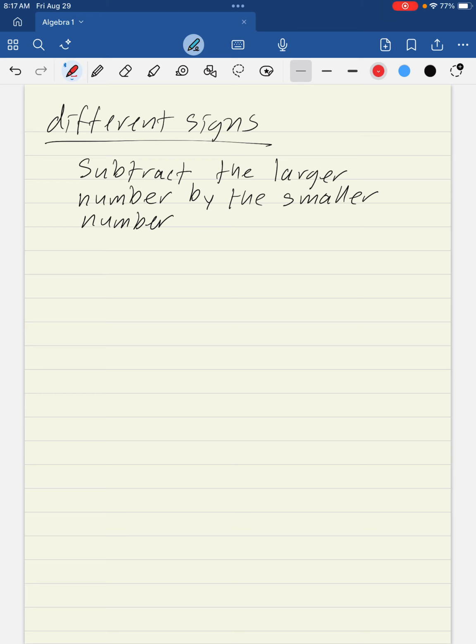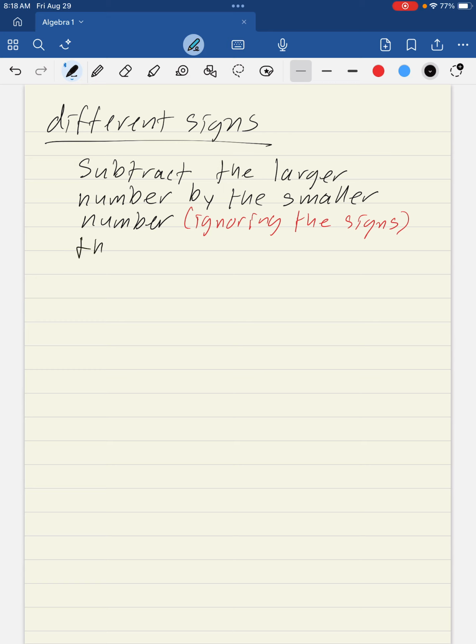Here, I need you to note I'm ignoring the signs. I'm just looking at the number. If you want to be precise, it'd be the number with the bigger absolute value. But if you just think of it, oh, I'm just looking at the numbers, ignoring the signs, this will work. So we're going to subtract the larger number by the smaller number, ignoring the signs.